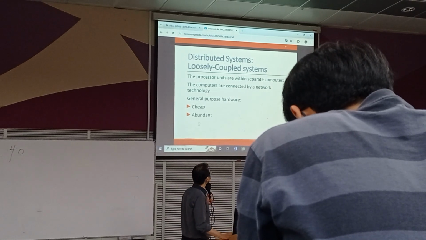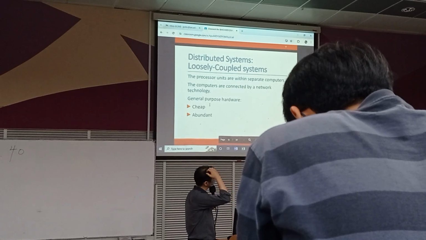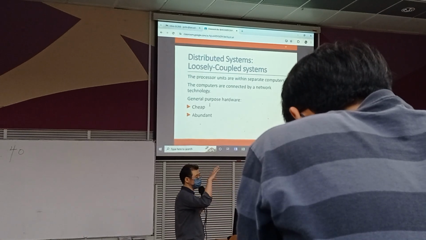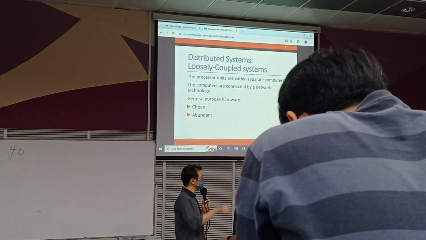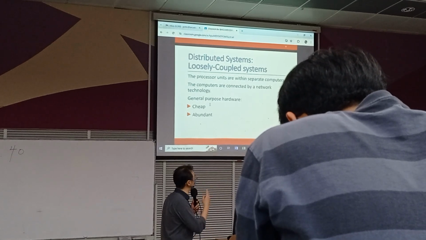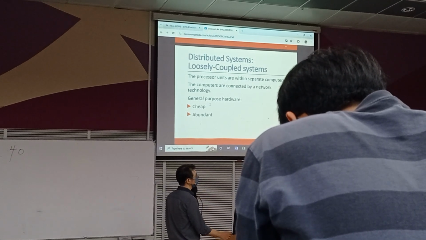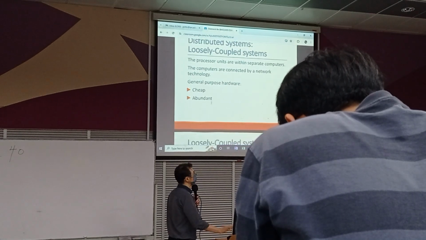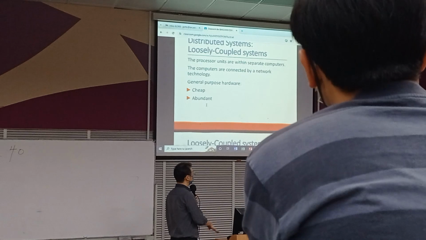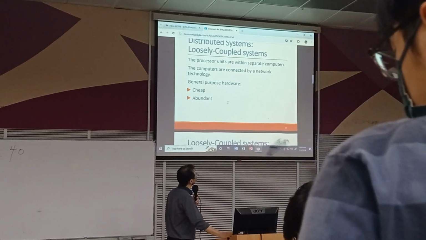You can go to Wikipedia and see a photo of how the two Google founders built their system. It's still there. It's actually stacked in a cabinet.